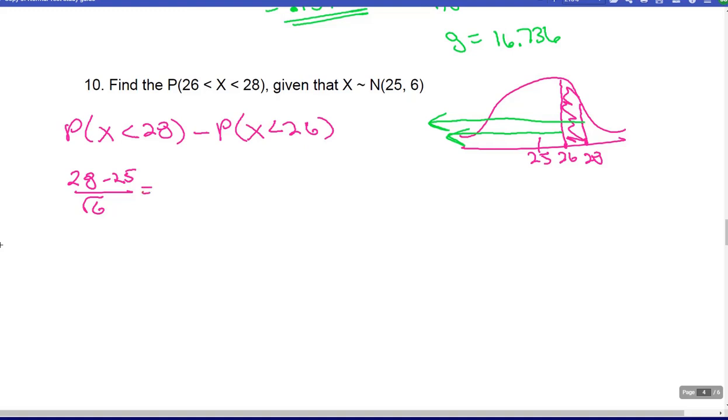That would be 1.2247. All right, now keep in mind, I'm going to change this again. The probability that z is less than 1.2247, right? All right, now before we do that, let's go ahead and do the other one.